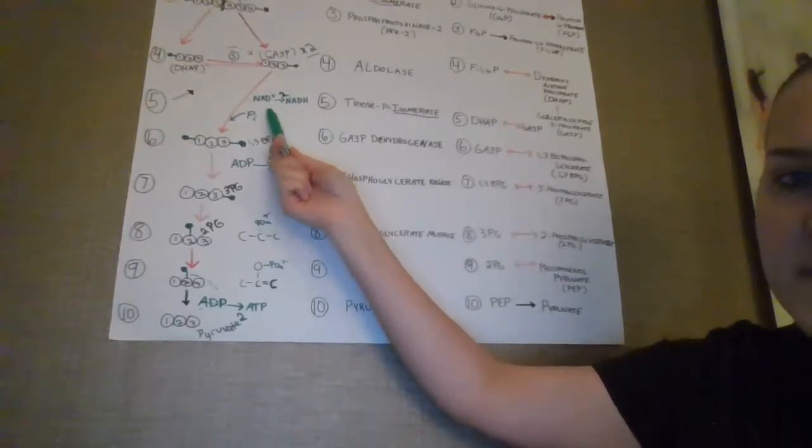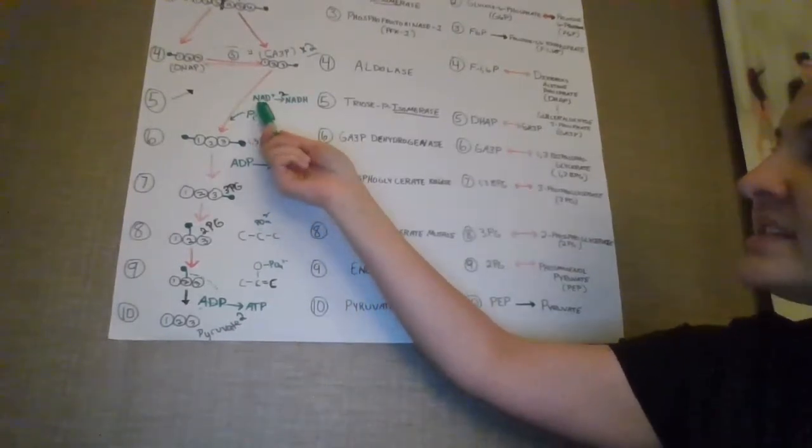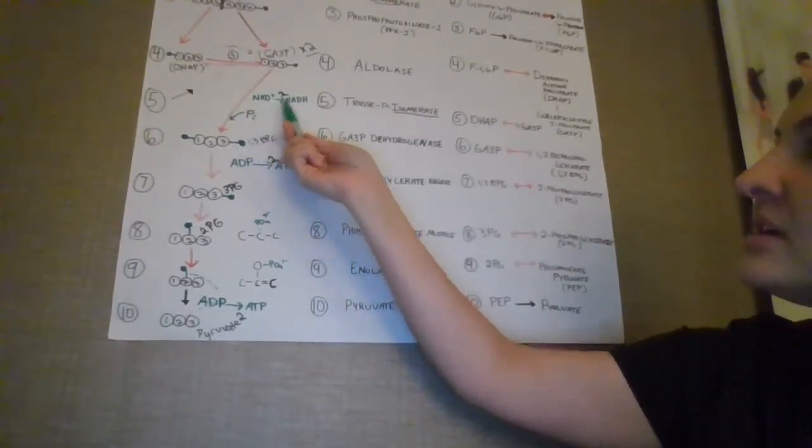So we're actually going to have a very special enzyme here that does a couple of things at this step. So notice I put a NAD plus here. What's going to happen is this NAD plus, with the help of this enzyme, is going to strip a hydrogen off of this sugar. And then that's going to create what we call an NADH molecule.